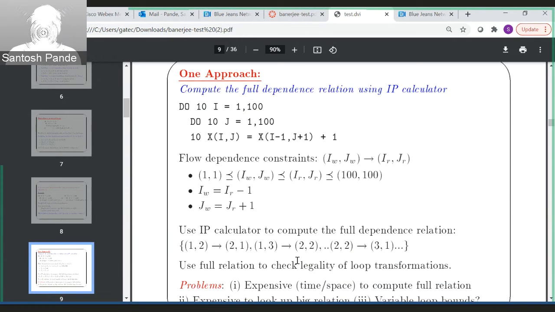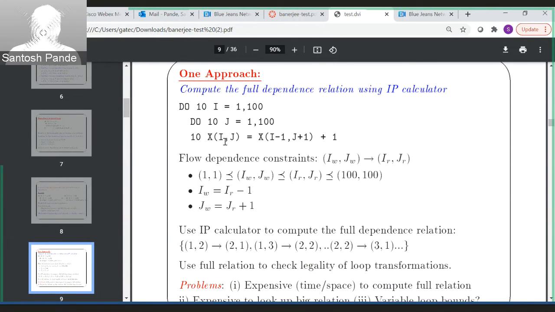One possibility to calculate whether or not the dependence exists, like what we saw in the previous example, is to formulate this as a flow dependence relation and put in these constraints. In this particular example, IW will be equal to IR minus 1, which is, a write is equal to read minus 1. And JW is equal to JR plus 1.